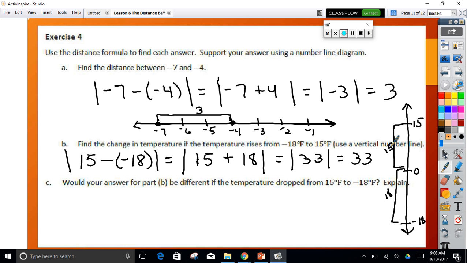So if the temperature is rising, is that a positive or negative thing? So now in part C, if the temperature dropped, would that be positive or negative? That would be negative. So you would want to express this as a negative 33 degrees Fahrenheit because the temperature drops instead of rises. So you have to be careful whether they're asking for distance or whether they're asking for change.